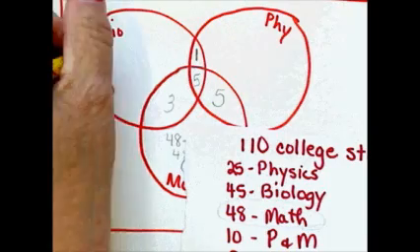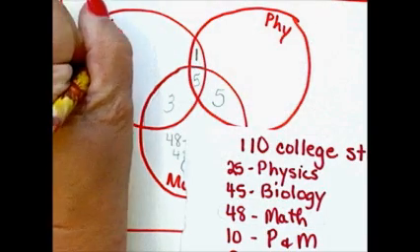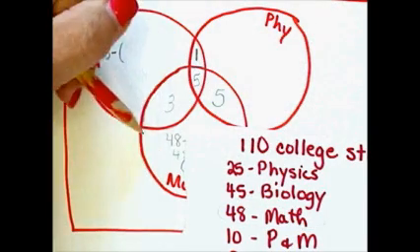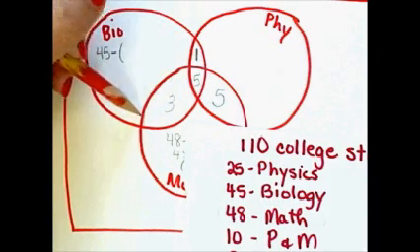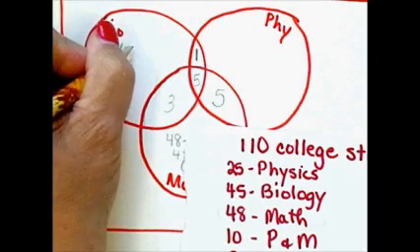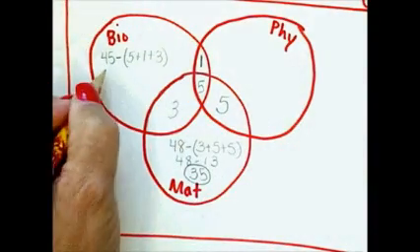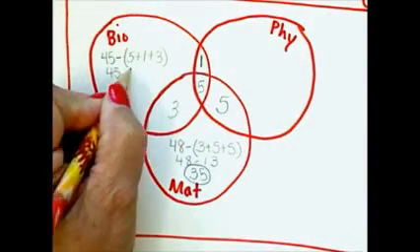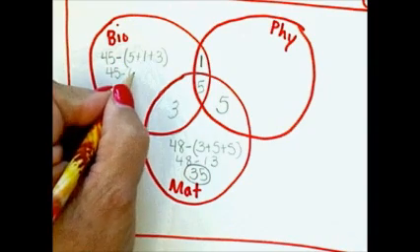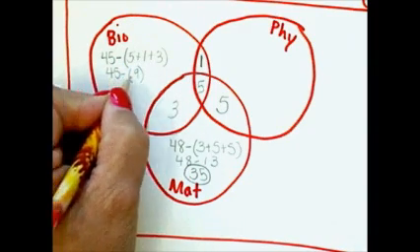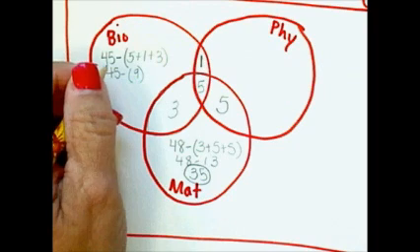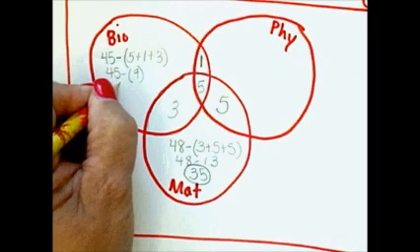So we start out with our 45 total, but we've already used up the ones that are here. So I've used up 5 plus 1 plus 3. And when I add those together, 5 plus 3 is 8 and 1 is 9. So 45 minus 9 is 36.